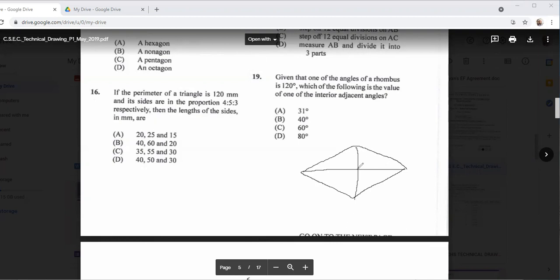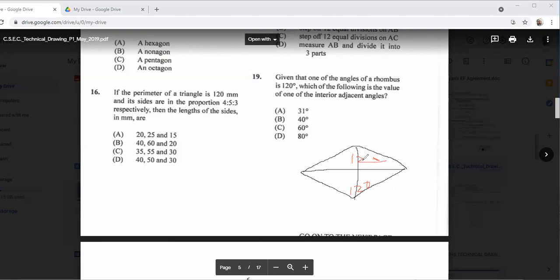Here, this angle is 120. The angle there is 120, this angle is 120, down here is also 120, because opposite angles are equal.